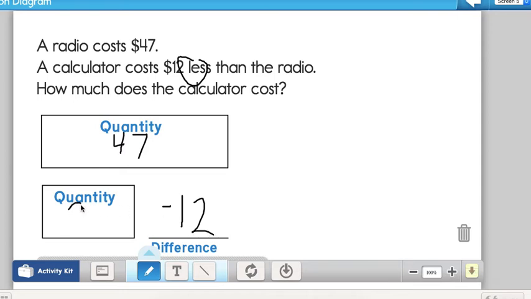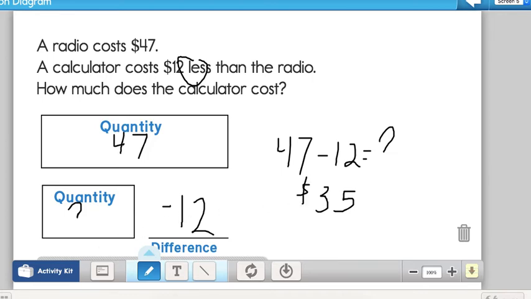So I'm looking for the other quantity. I do it the same way. 47 minus 12 is going to give me the answer I'm looking for. If I look at my ones place, that's going to be a 5, and my tens place, 3. 35. So the calculator costs $35.